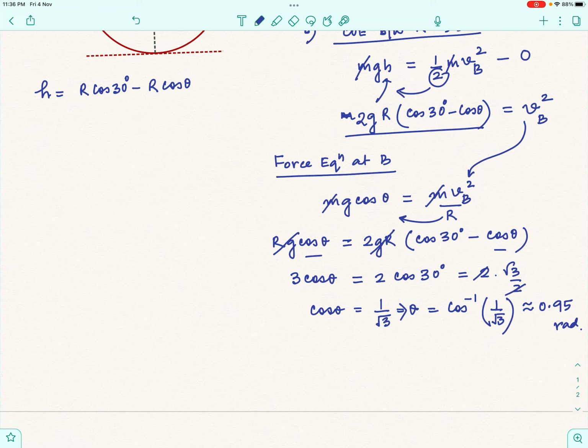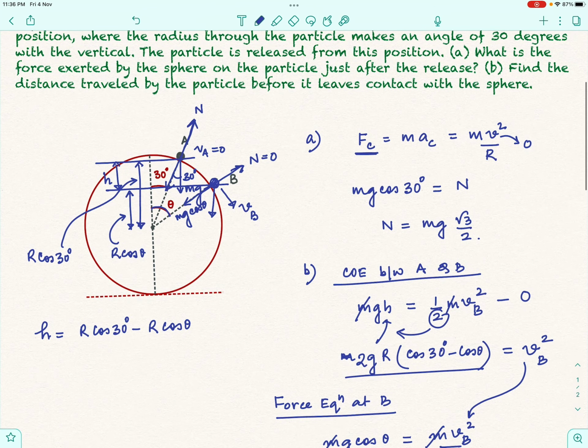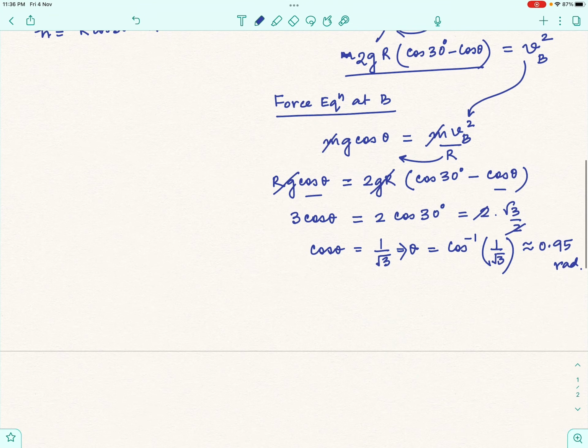Now, once we get the value of this theta, we go back to what we are supposed to find out. We are supposed to find the distance travelled by the particle. That means we want to know this arc length from A to B. Understand that the formula for arc length across a certain angle is given by r into phi, where r is the radius of the circular path over which the particle has moved and phi is the angle through which it has moved.